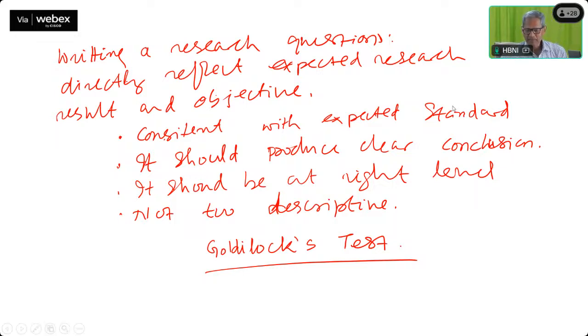So, okay, let me write it down. Go to the next page. So we want to see that our research topic is just right. It's just the right level, or just the right standard.